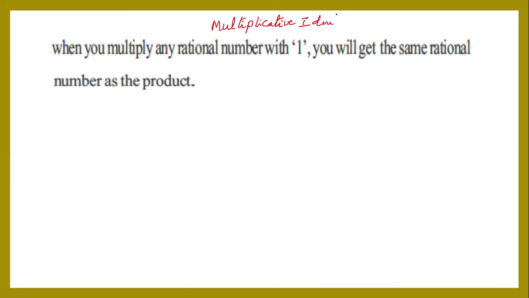You observe here, when you multiply any rational number with 1, we get the same. Take an example: 1 by 4 into 1, what do you get? 1 by 4 again. Otherwise, 1 into 1 by 4, here also you get 1 by 4.